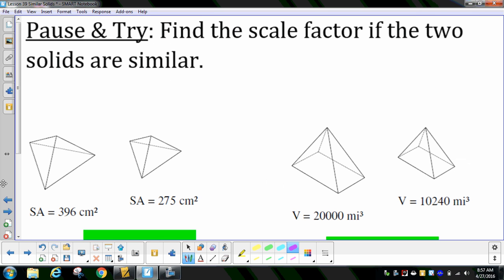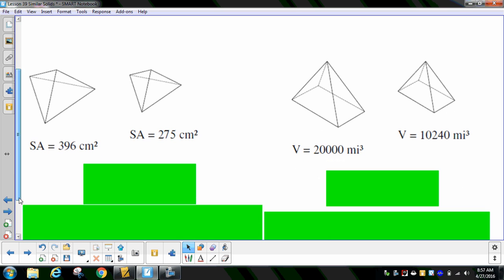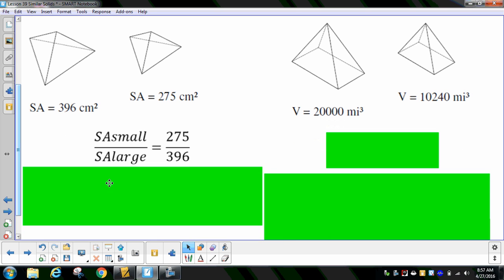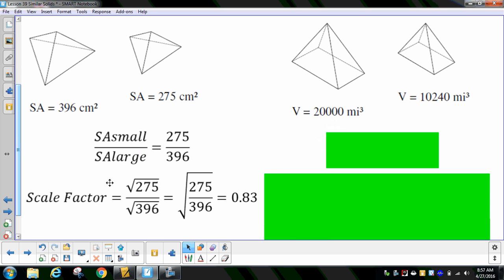So pause here and find the scale factor for the left one given the surface areas and the right one given the volumes. So I start by writing the ratio of the surface areas. I always do small over large.